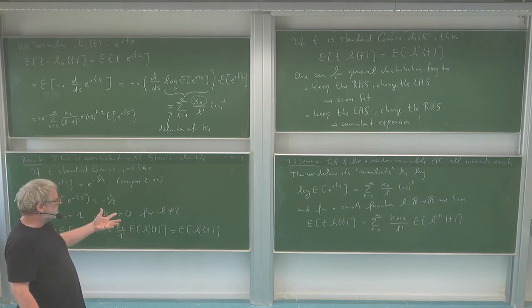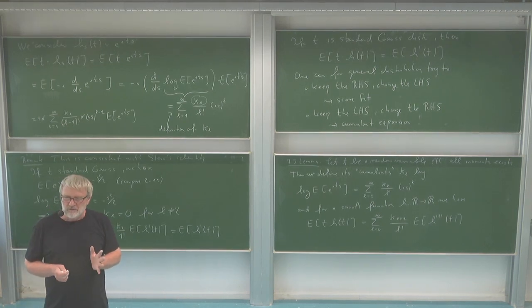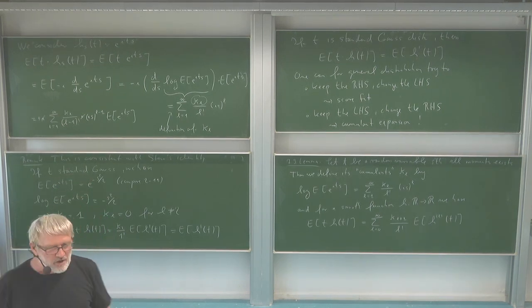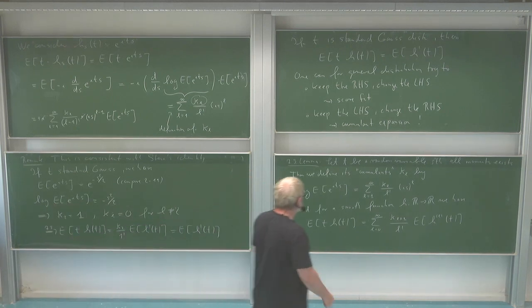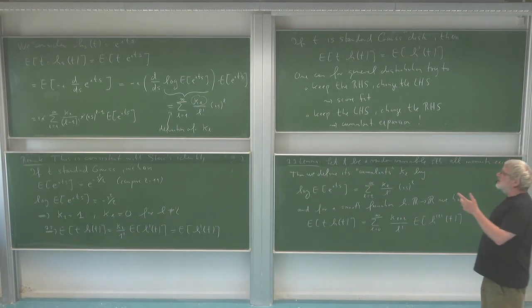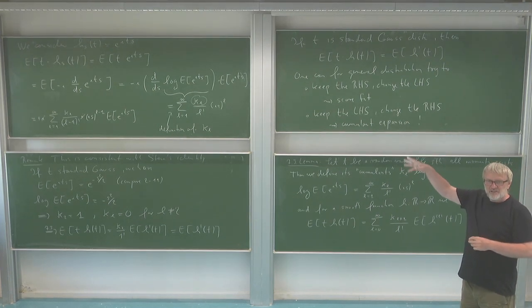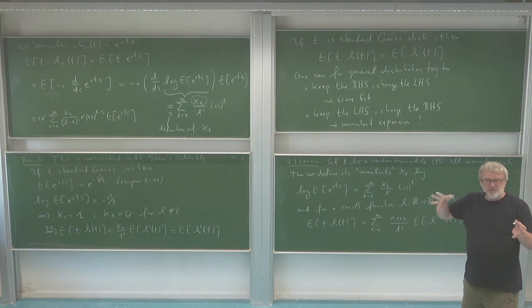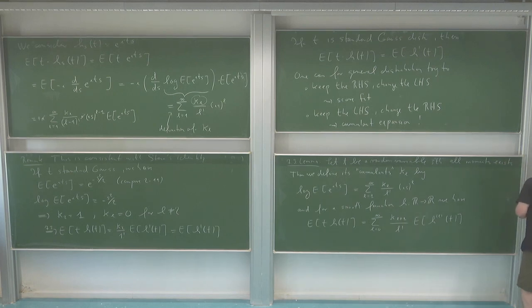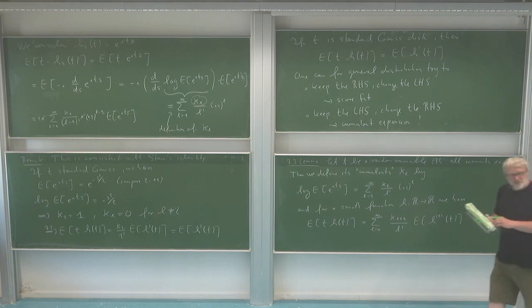The analog in higher dimensions works in the same way. The crucial calculation I did at the beginning, you could also do for the multidimensional exponential functions, and it's more or less the same. It gets more complicated to write down because of all the indices, but in principle it's the same.